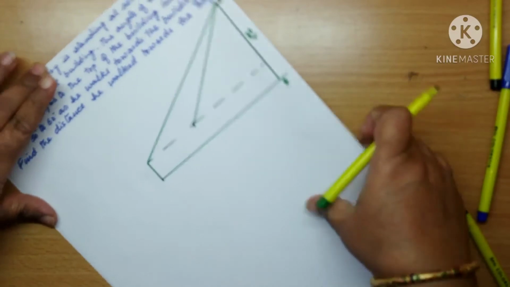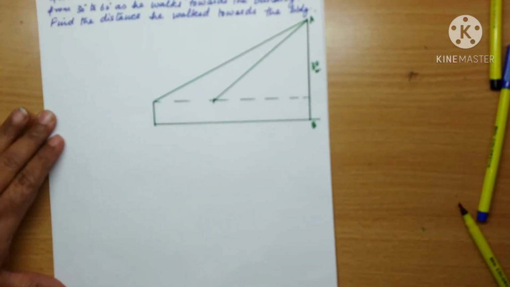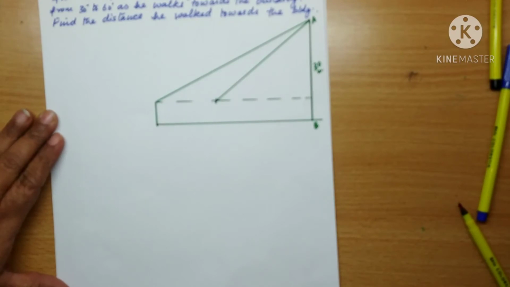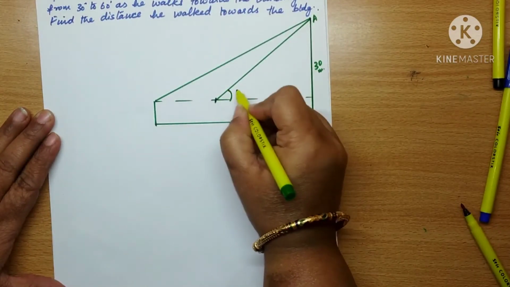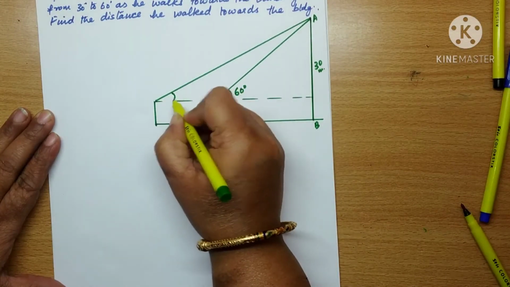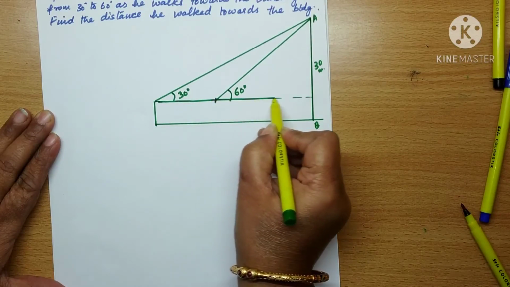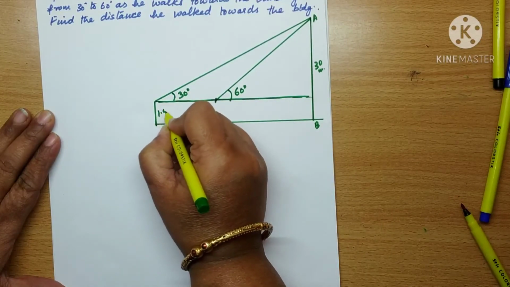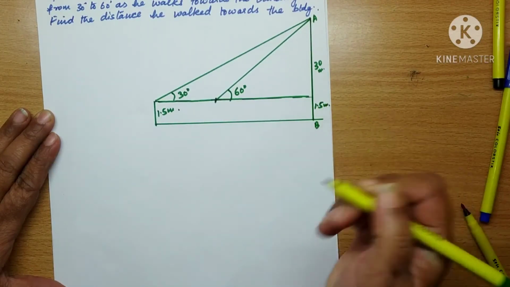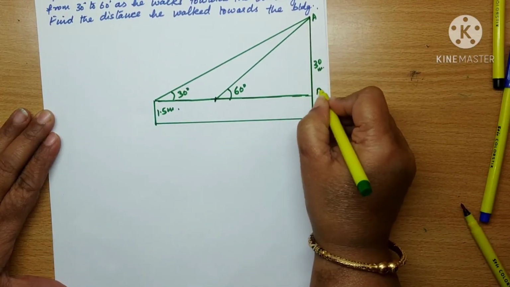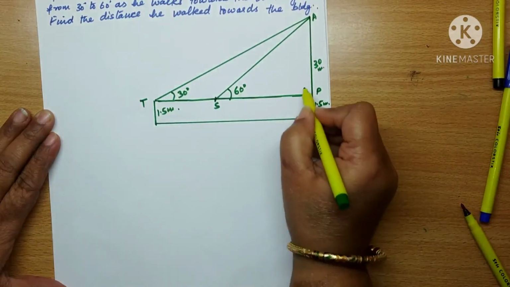As we approach the object, the line of sight will be steeper, so the angle of elevation will increase. So this is 60 and this is 30 degrees. This is 1.5 meter, the height of the boy. This distance AP, let's call this S, let's call this T.